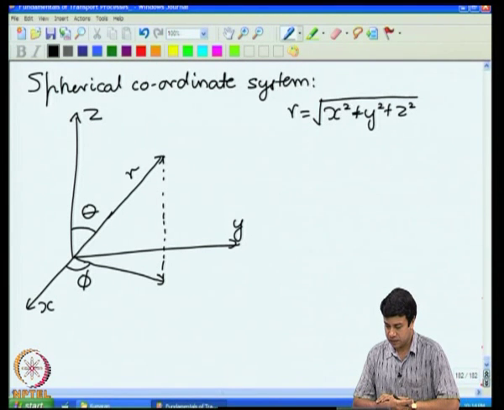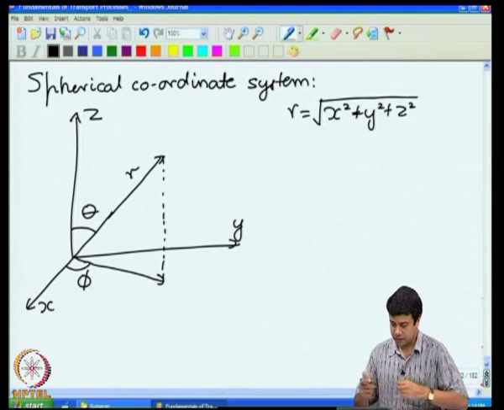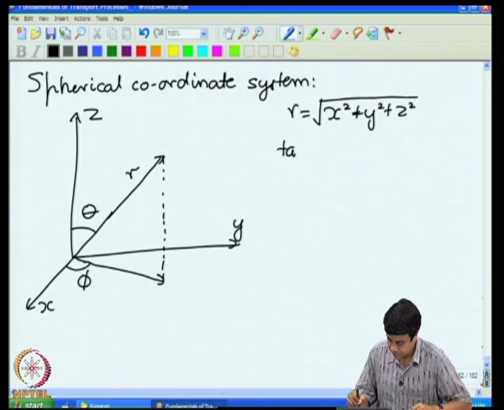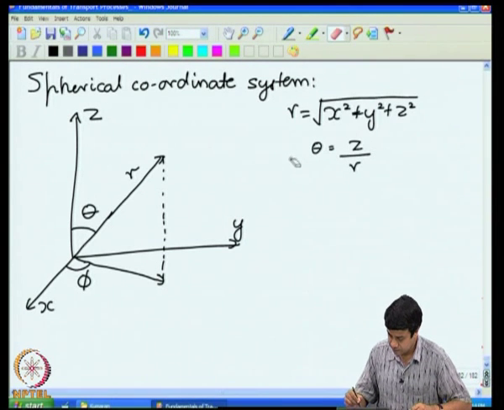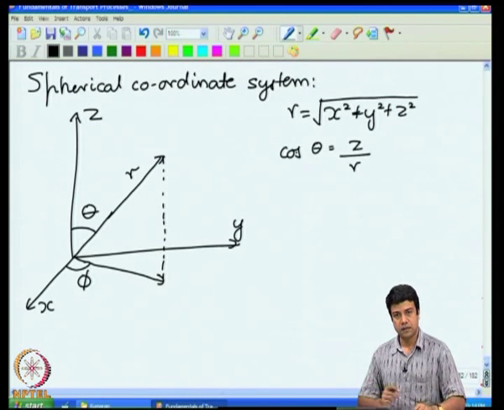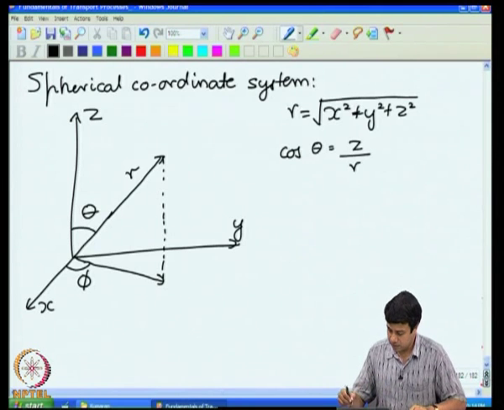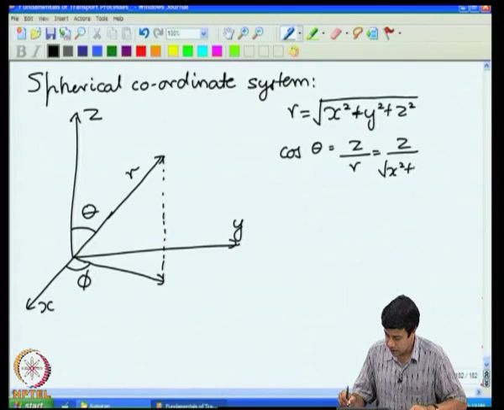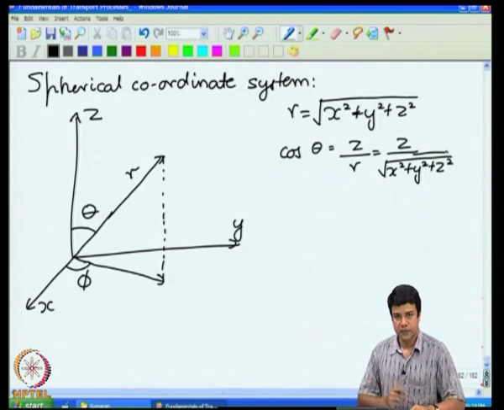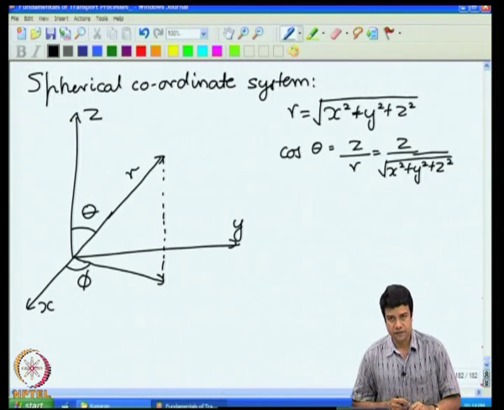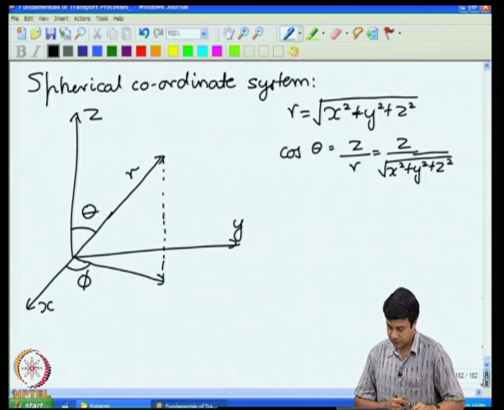Therefore, for the angle theta, cos theta is equal to z by r, which is equal to z by square root of x square plus y square plus z square. So, that defines the angle theta.